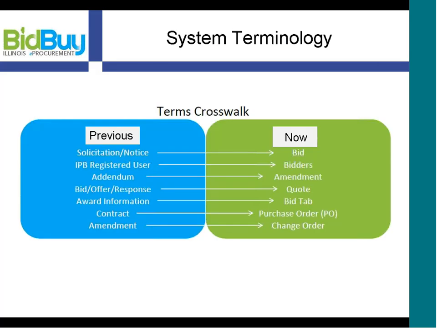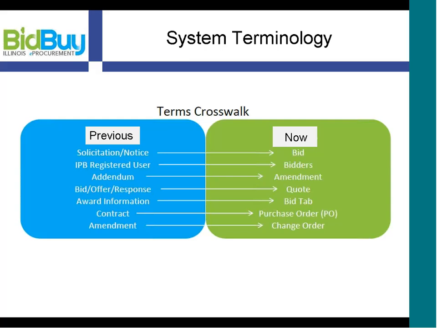BidBuy system terminology: some previous names you might have become familiar with are now changing in the system. A solicitation or notice is now called a bid. A bid, offer, or response will be a quote in the system.